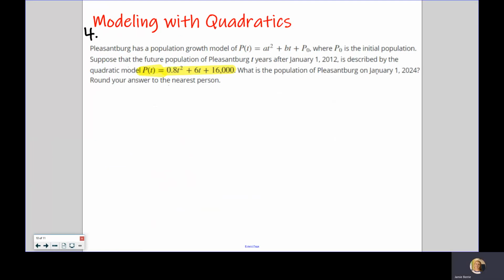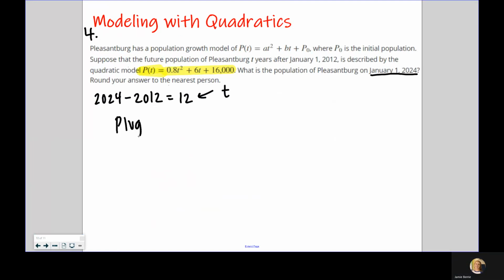And we're looking for the population January 1st, 2024. How many years is that after 2012? We could do 2024 minus 2012. That'd be 12 years after they took that initial population. So it says that t is the number of years after January 1st. So that's going to be our value for t, 12.